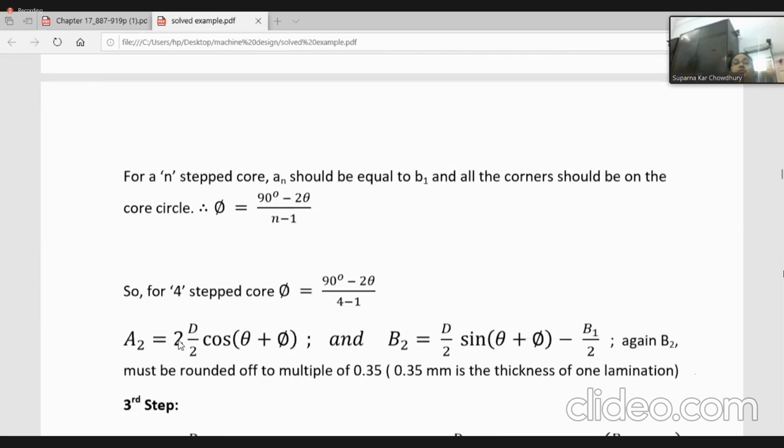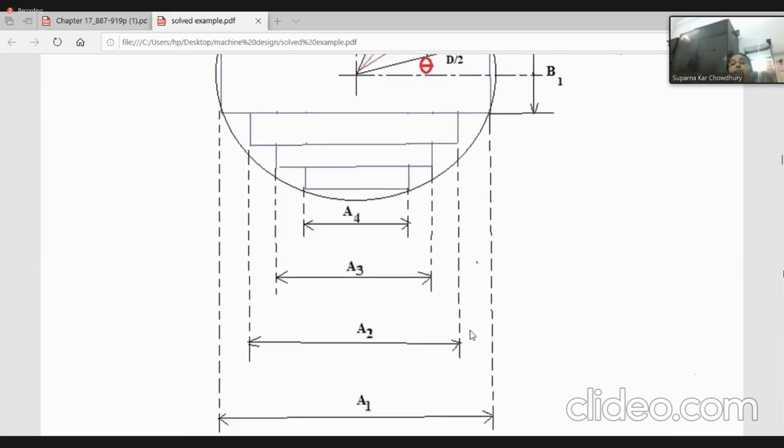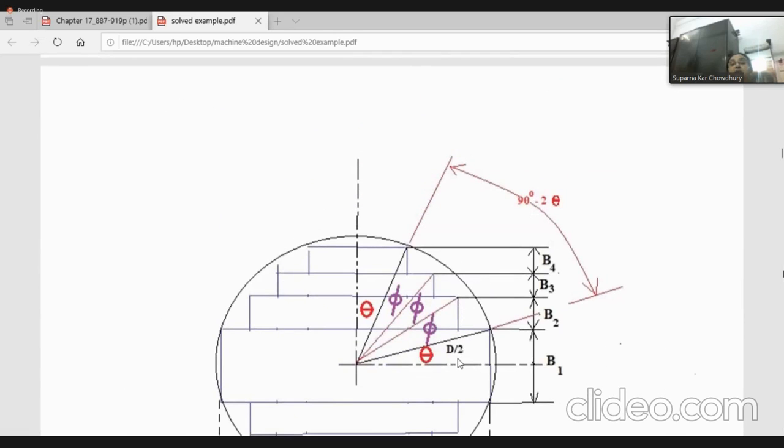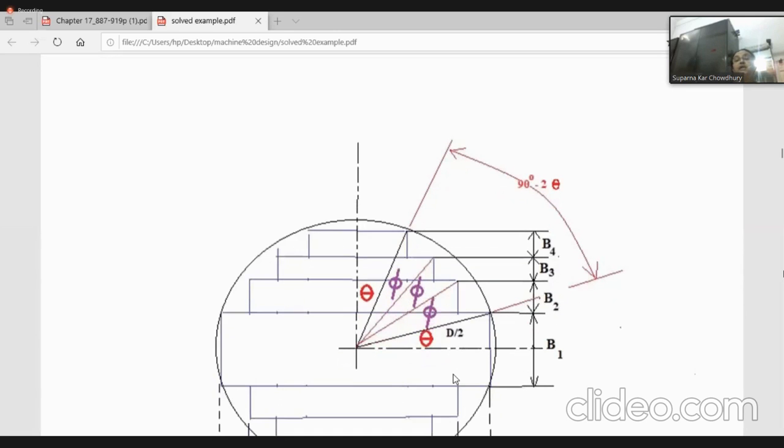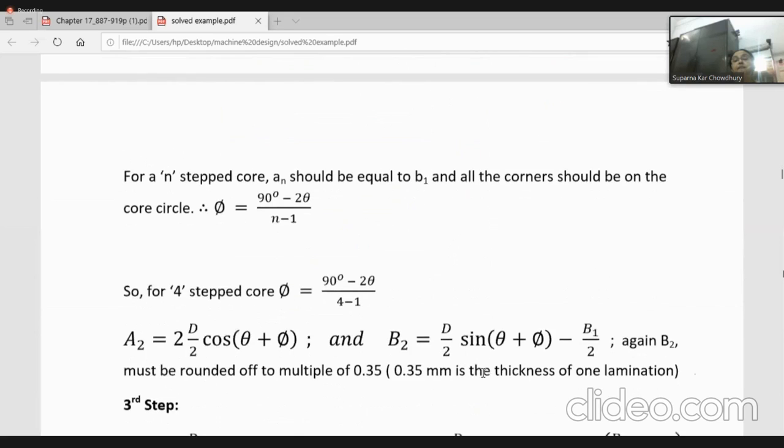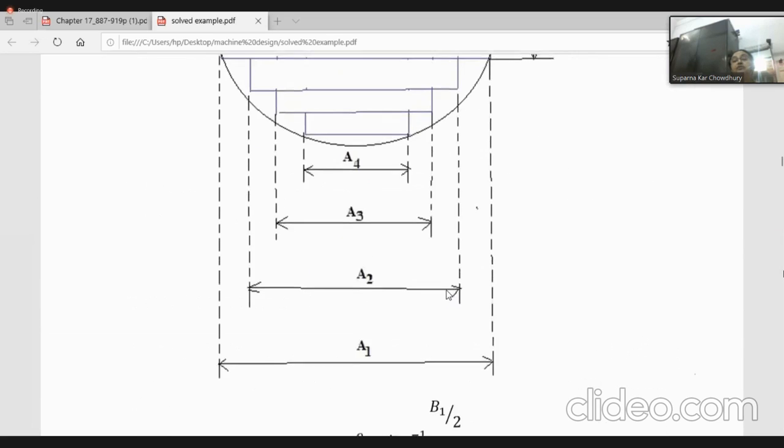So your A2 will be 2 into D by 2 cos of theta plus phi. Similarly, B2 by 2 will be this minus B1 by 2. So this will be D by 2 sine of phi plus theta minus B1 by 2.